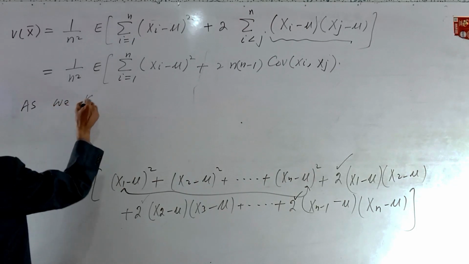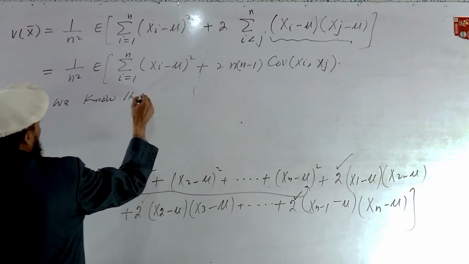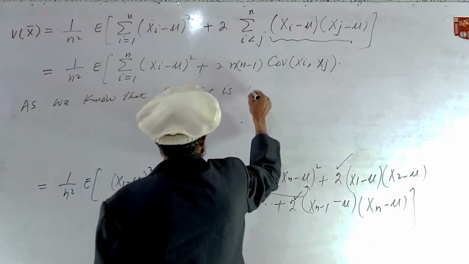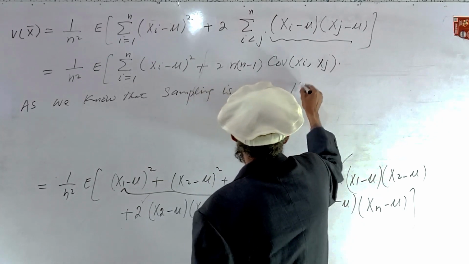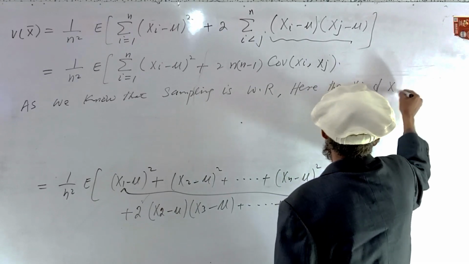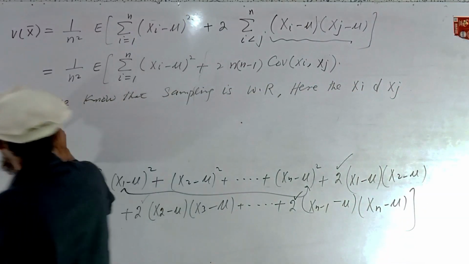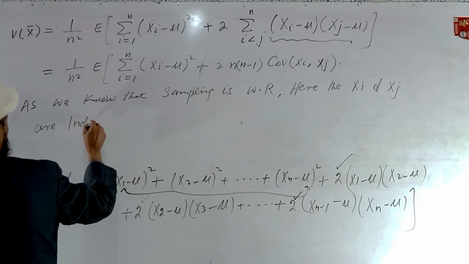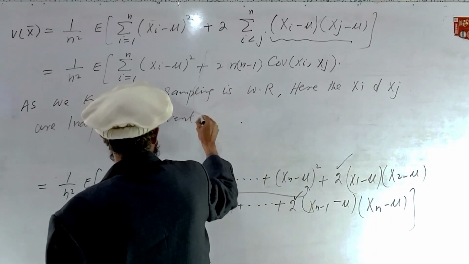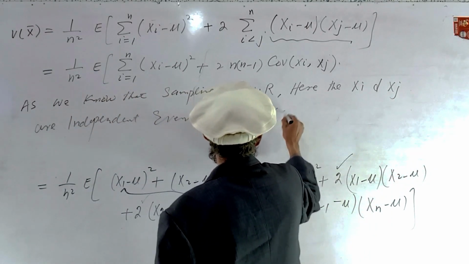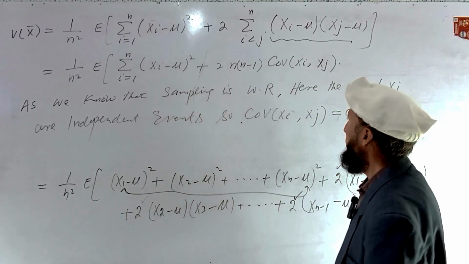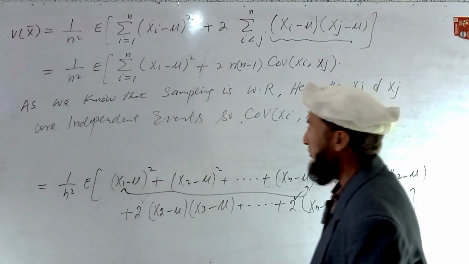As we know that sampling is with replacement, here xi and xj are independent events. So the covariance between xi and xj is equal to 0. So in place of this term, we put 0.